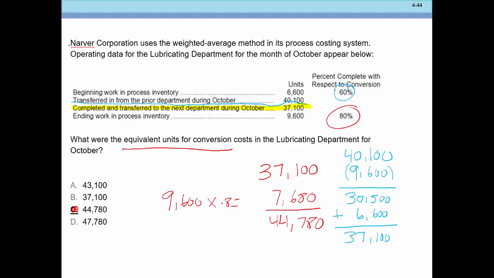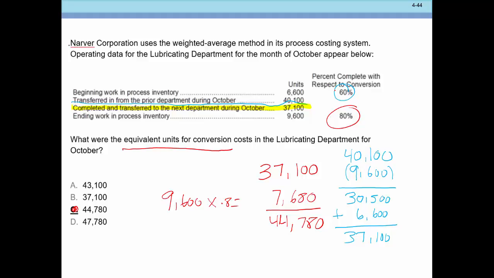If it's FIFO, you basically only include the cost that you have added for the period to come up with your calculation for the amount transferred out and your ending work in process inventory. You have a little bit of a different approach to that, but we're not going to do FIFO in this class. So we're just trying to average all the costs that we have gathered, the beginning plus the amount added for the period.